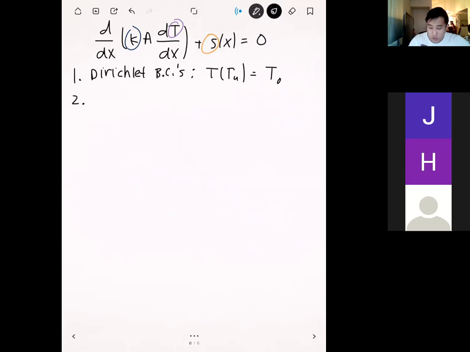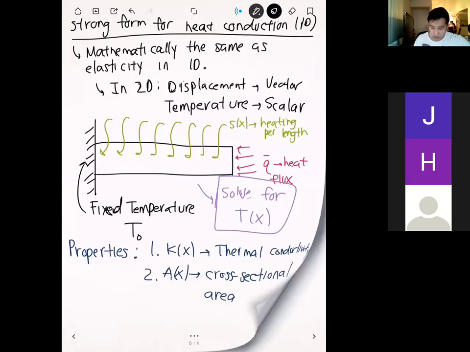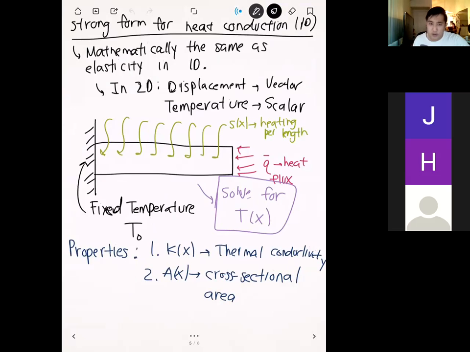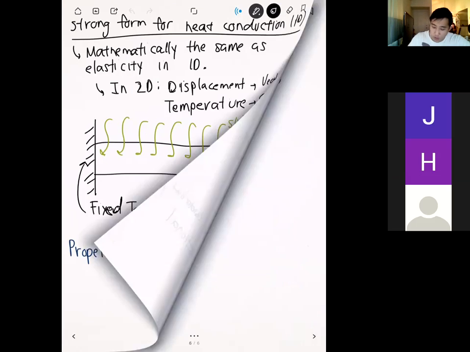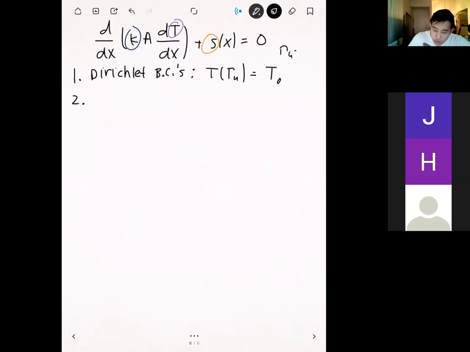We can say that T at gamma U is equal to T naught. For this diagram right here, since I drew the fixed temperature on the left, what this tells us is that gamma U is at x equal to 0, just for this problem. In other problems, your gamma U will be different, but I just want to show you a situation that I drew there.